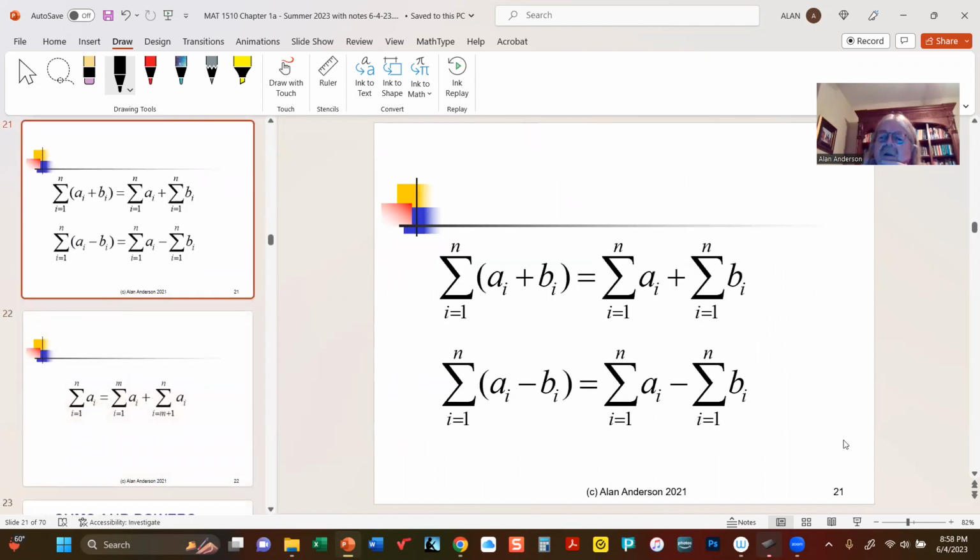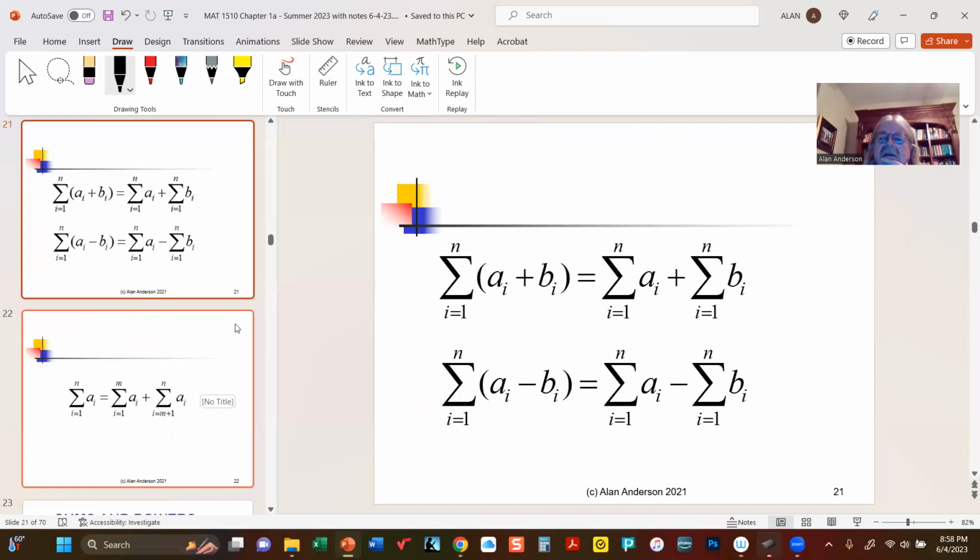We also have algebraic properties that we can apply here. For example, the sum of a plus b, we're adding up each one individually. It would be the equivalent of just adding up all the a's and then adding up all the b's and adding them together. And then similarly, the same thing is true for subtraction. Now, here's where it gets interesting.